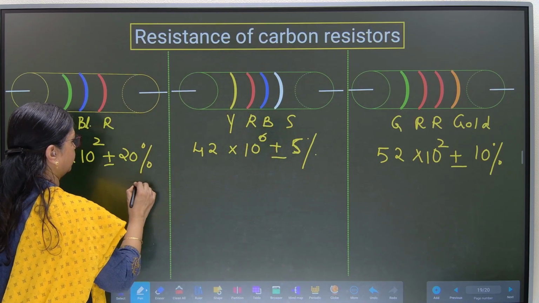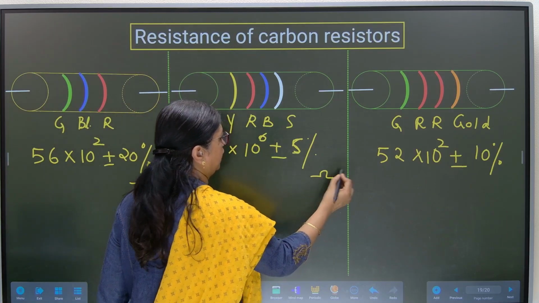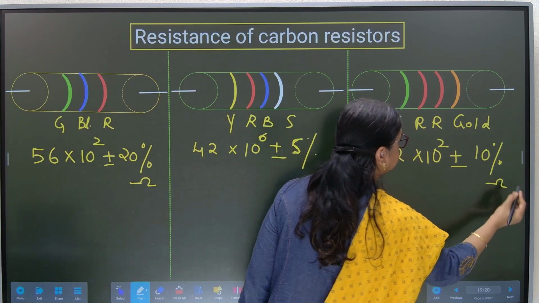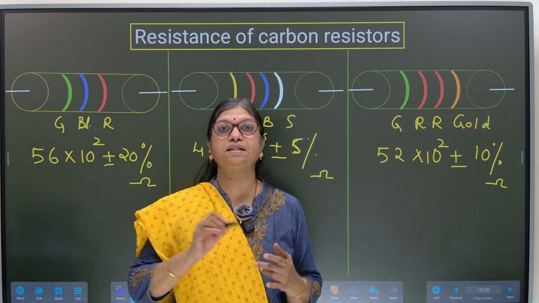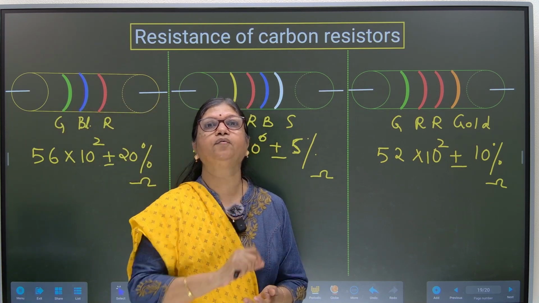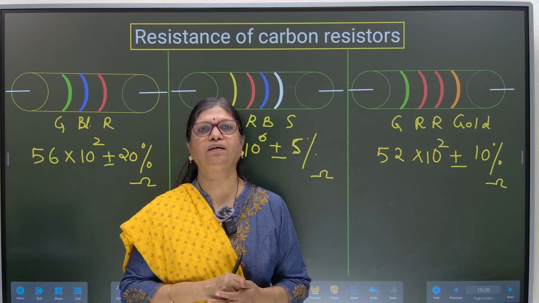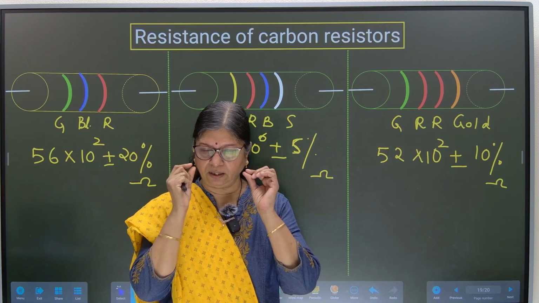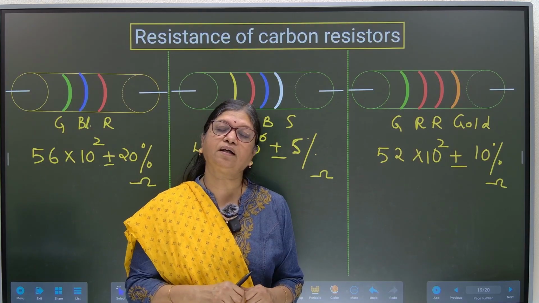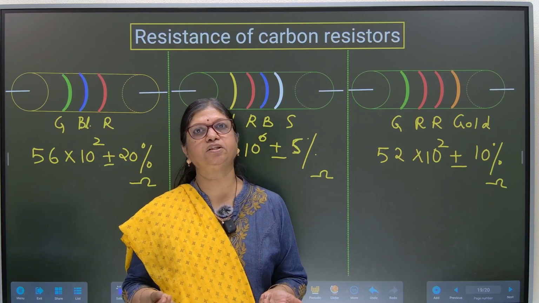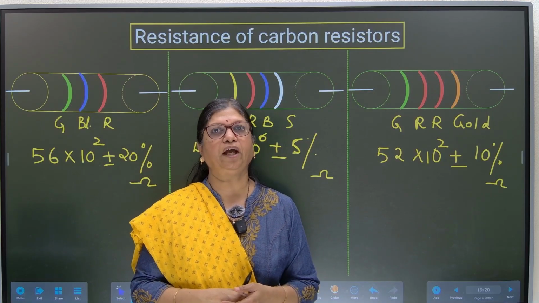Units, do not forget ohms. Fine. Okay. So this is the way to calculate the resistance of carbon resistors. They are very tiny, compact. These colors have to be visualized very clearly so that you calculate the correct resistance in the laboratory or given in the exams. Fine. Okay.